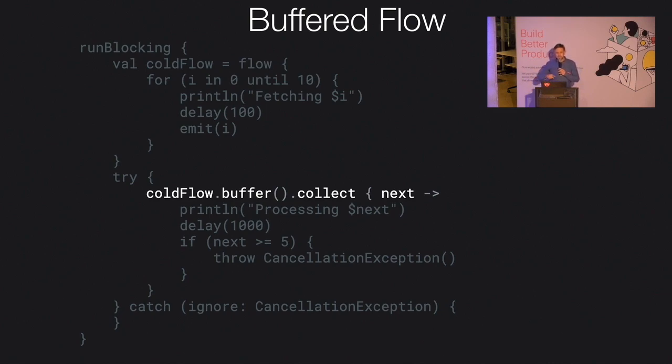Without buffer, it writes and then it reads. It writes and then it reads. Using buffer basically uses another coroutine context, and it allows it to run in parallel, which is very useful. It can speed up your program.